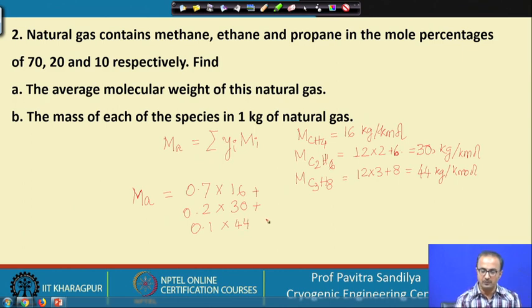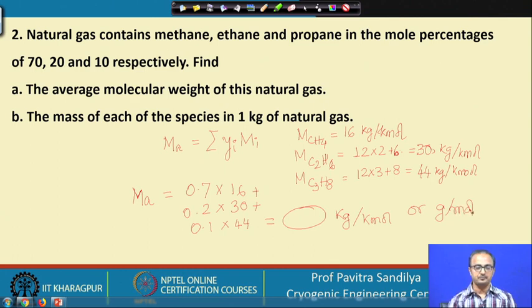So, that is how we find the average molecular weight, and again it will be given in kg per kilomole, which is the same as gram per mole. So, that is how we have solved the first part.